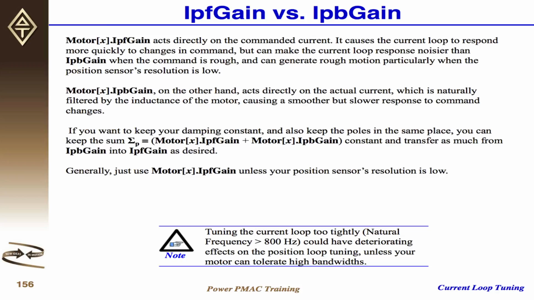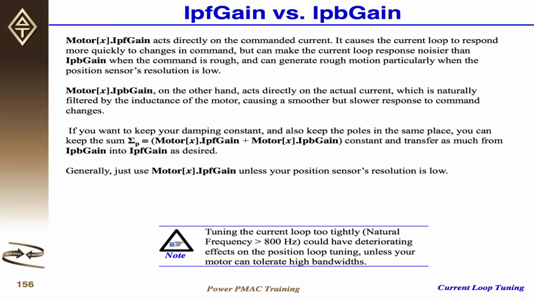And this can actually trickle down into your servo loop and cause problems. So if you have a pretty low resolution position sensor, you should not use IPF gain, because that low resolution will get used in the current loop and will create a noisy command and cause problems.